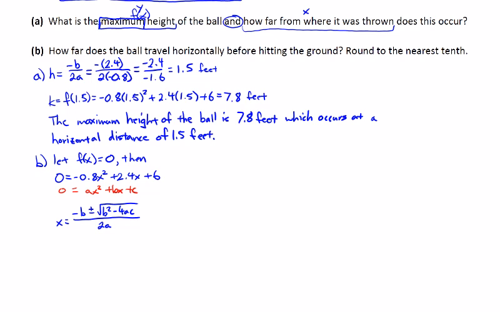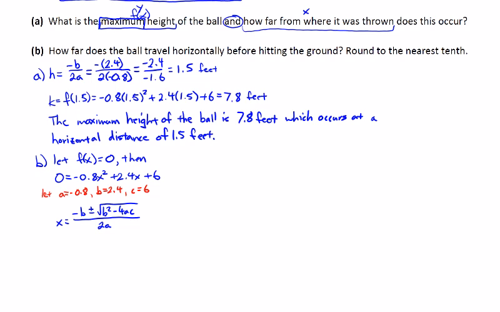So I'm going to go ahead and erase the standard form equal to 0, but in its place I'm going to write down the appropriate values for a, b, and c. So we would have a is negative 0.8, b is 2.4, and c is equal to 6. So we're going to let those values be defined for us, and we're going to use them in the quadratic formula.